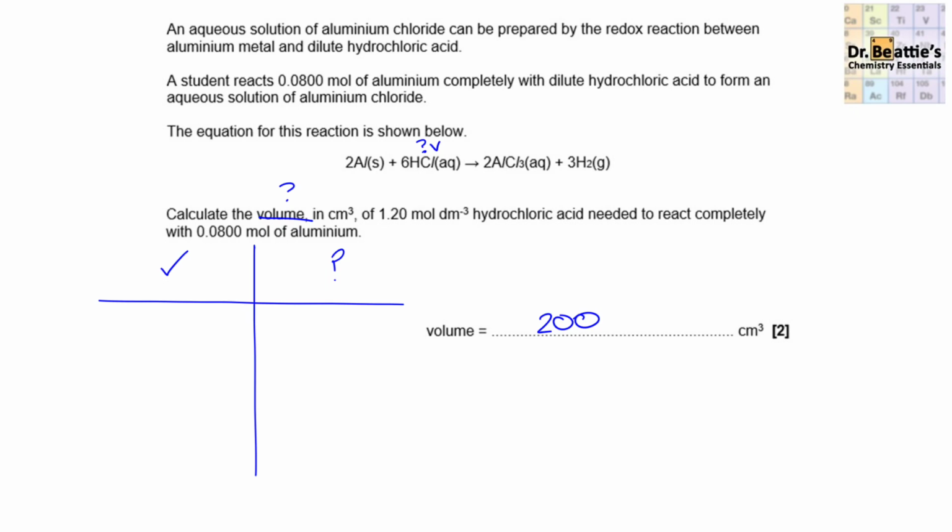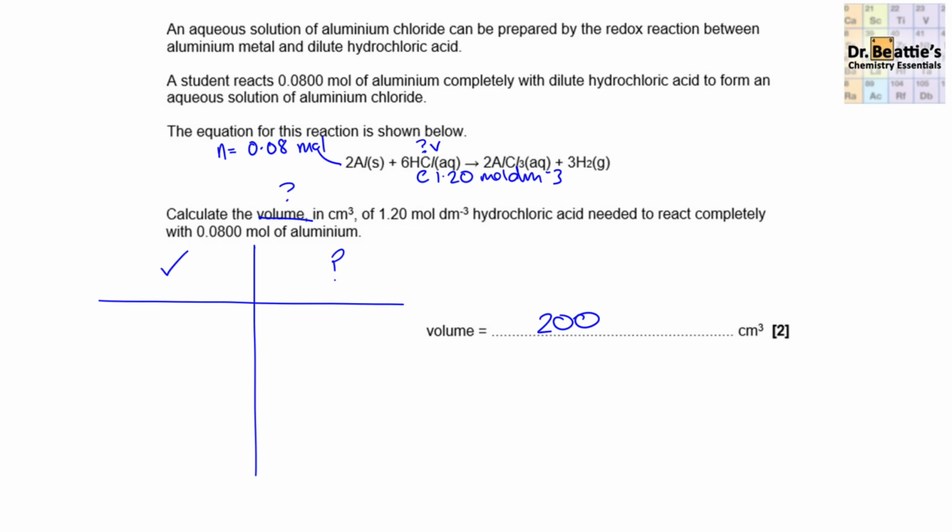Now, we are given the concentration of the HCl, and we're told we've got 1.2 mole per decimeter cubed of the HCl. And then we're told we have 0.08 moles of aluminium. Straight away, if we've been told the moles of aluminium, we've actually been saved the first couple of steps, because we know aluminium's a metal, therefore it's going to be a solid and so be a mass.